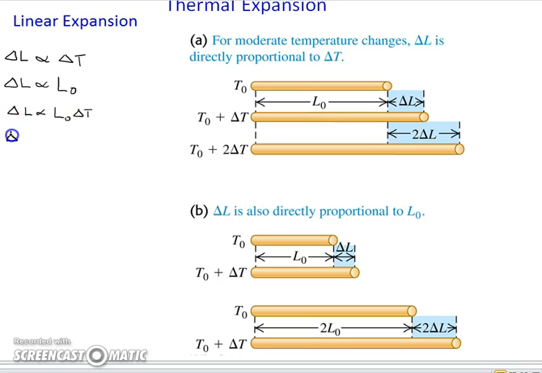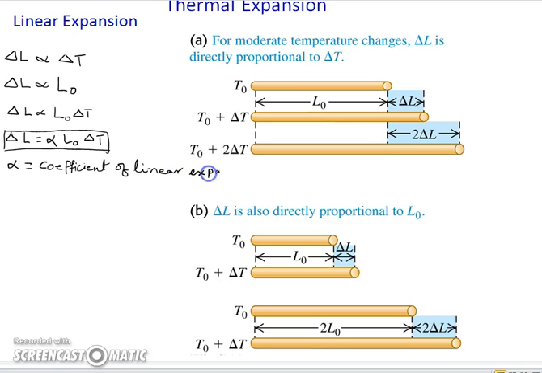Then we can write delta L is equal to some constant of proportionality, let's call it alpha, times L naught times delta T. This alpha is called the coefficient of linear expansion, because we are talking about linear length, linear expansion, right? Coefficient of linear expansion.